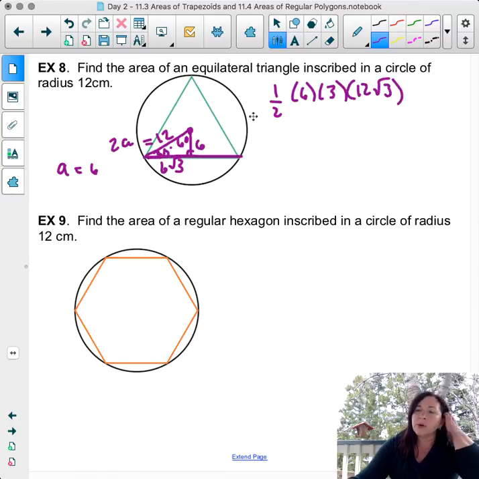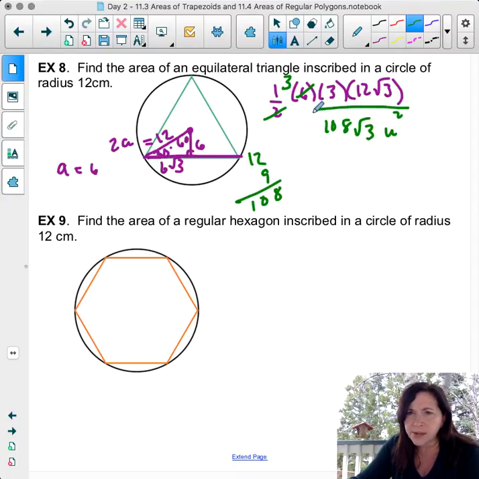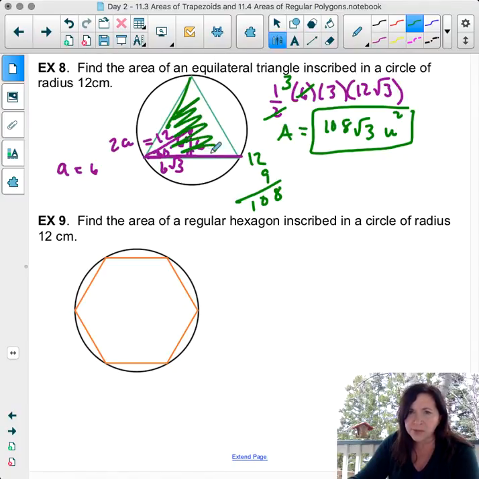And again, remember that this 2 will cancel into one of these terms, and so you'll get a 3 here. 3 times 3 is 9. 12 times 9 is 108. So we have 108 root 3 units squared. That's my area of the equilateral triangle, the space inside.